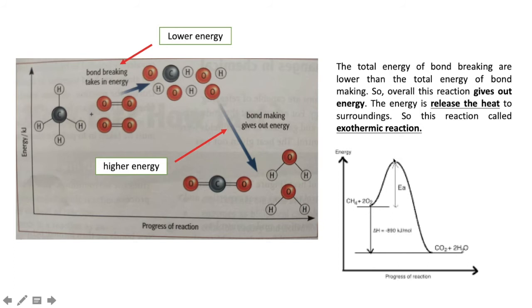And then when it forms the product, it will release energy. So it is called an exothermic process. Overall this reaction will give out energy because the energy needed is lower than the energy given out. So overall the reaction is an exothermic reaction.